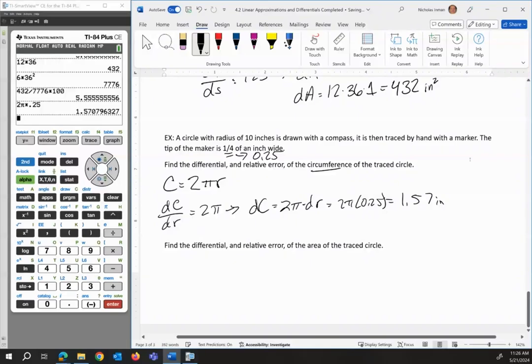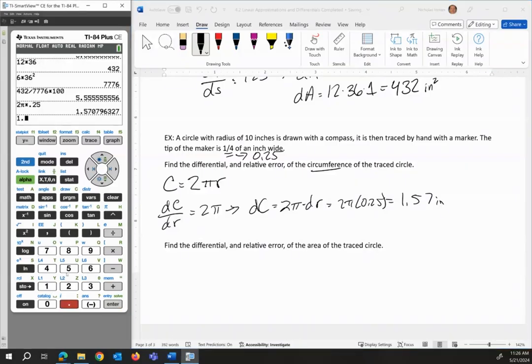Just a quarter of an inch width additional on our circumference might add a total circumference of 1.5 inches. That's pretty significant.